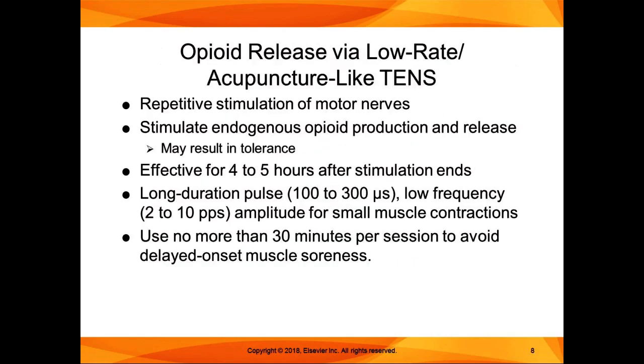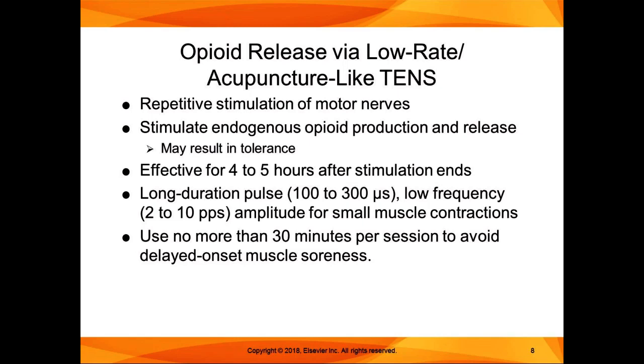So the opioid release via low rate or acupuncture-like TENS is repetitive stimulation of motor nerves. The high rate TENS is so high that you can't feel the individual pulses. With low rate TENS, it almost feels like a tapping, and you can feel the individual pulses.